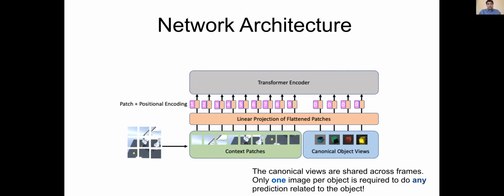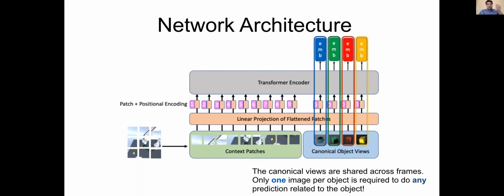We are using a ViT, a vision transformer network, for this. The tokens in the final layer of the transformer correspond to the canonical views of the objects. The interesting thing to note is that this network is very flexible: you can query for a subset of objects in the scene. For example, if the scene has four objects, you can query for one to four objects, which would give embeddings for each of these query objects.